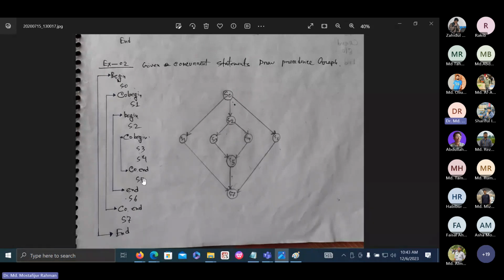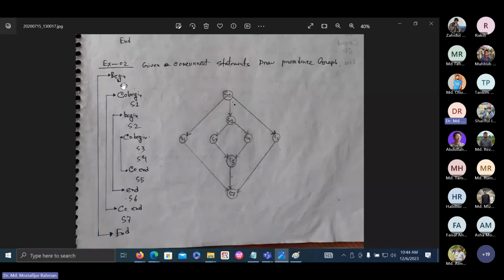Then S5 is here because it must be serial: S2, then S3, then S5. After that, you can see S6. S6 is parallel. Anyway, after that, we can see S7.